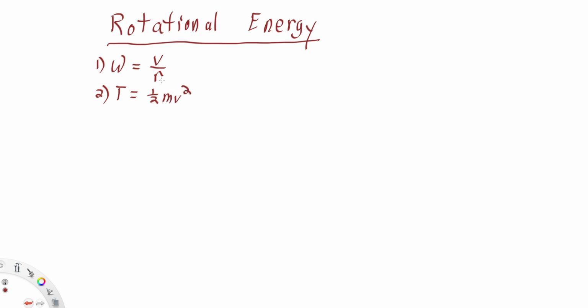If we do a straightforward substitution here, turning our v into an omega, that gives us something like 1/2 m omega squared r squared. And we get this m and this r squared. Those together make the moment of inertia for a point, as we saw in the last chapter.